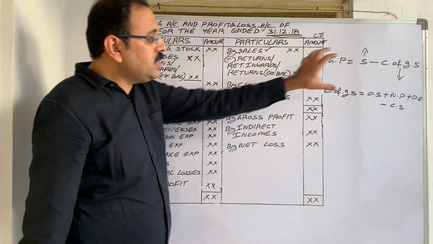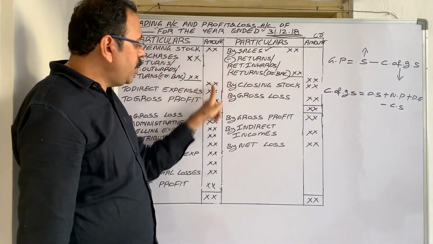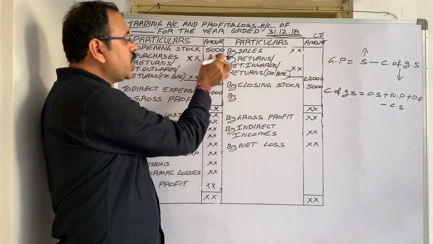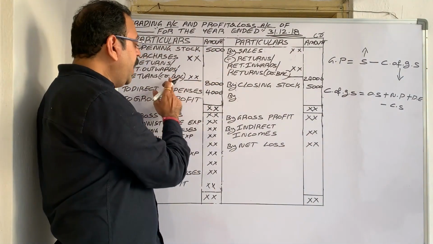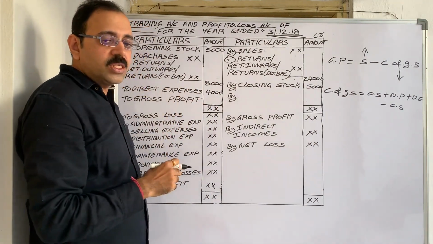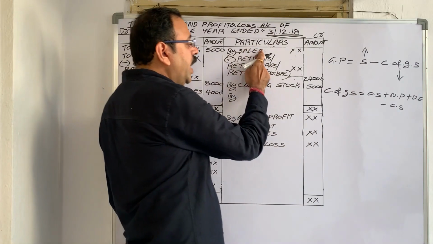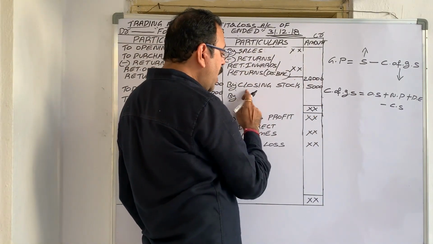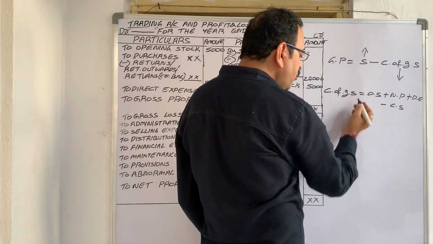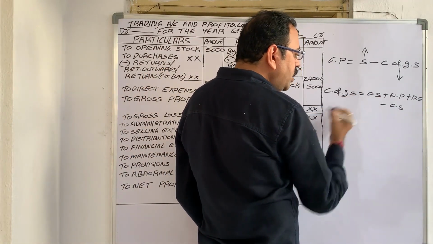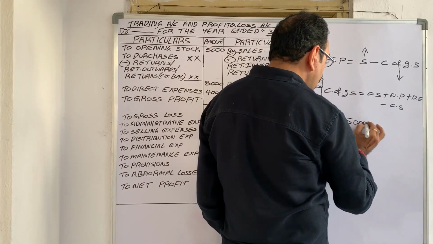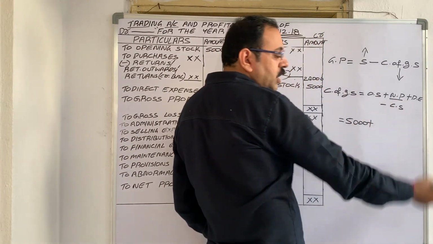To understand this formula, take some imaginary values here. Assume that opening stock amount is 5,000 rupees, net purchase amount is 8,000, direct expenses 4,000 rupees, net sale amount is 20,000 and closing stock amount is 5,000. Then how to calculate cost of goods sold? Opening stock 5,000 plus net purchases.